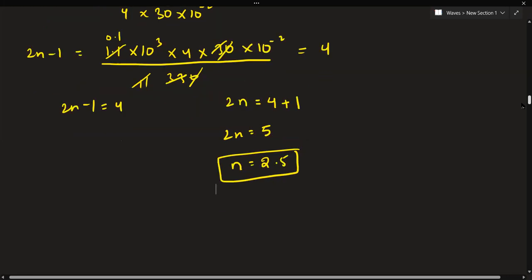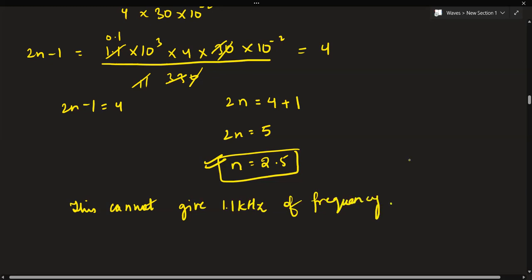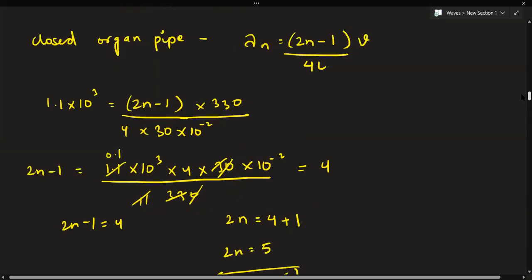If we change the frequency, then only this n will change. So this cannot give 1.1 kilohertz of frequency. Understood? Yes, ma'am. Okay, so note this down.